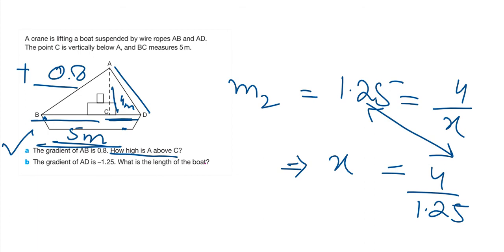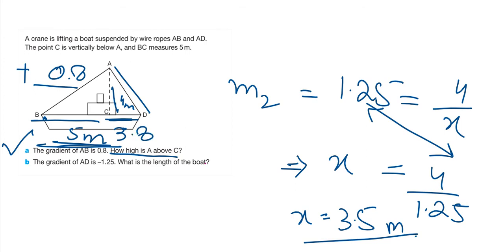So that's equal to 3.2, and the unit is meters. Alright, so now we have to add 3.2 to 5, and that's equal to 8.2. Yeah, 3.2 added to 5 gives 8.2 meters, and that's the total length of the board. So in this video, we have discussed a lot of examples related to the gradient. I hope you understand it.